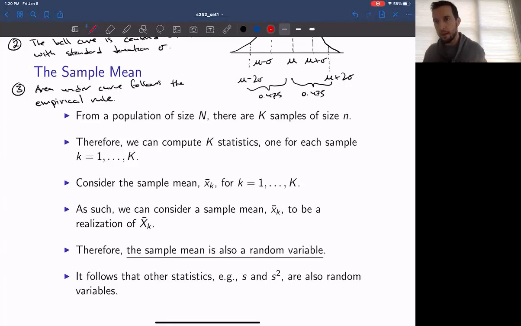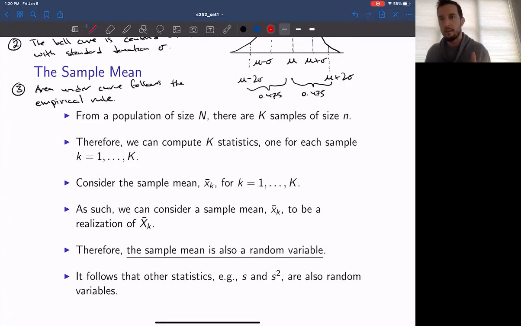Now from that sample, we compute estimates. So we can compute the sample mean, the sample standard deviation, and the sample variance. These are values that we talked about at the beginning of the lecture, and we can compute them directly from our sample.